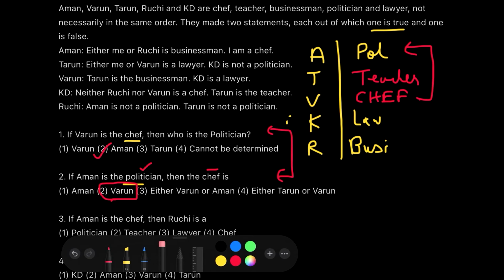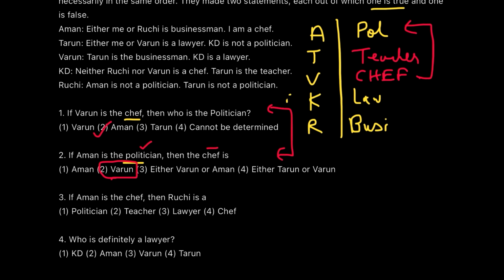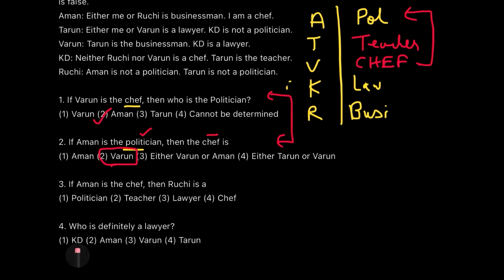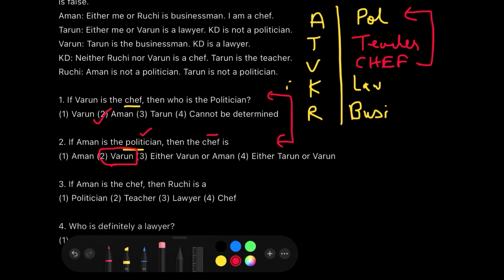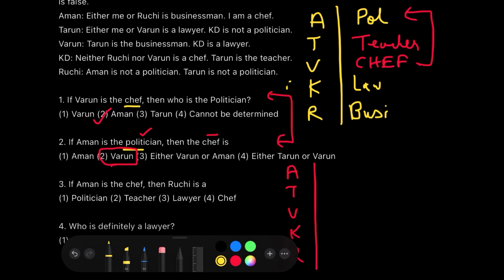So while making the case number 2, we have to make sure that this time Aman is the chef. Now while making Aman as the chef, we will focus on the point that we are keeping all the people, like I'm just writing down the names first as I do, and then I would be focusing on their professions. So Aman is the chef.